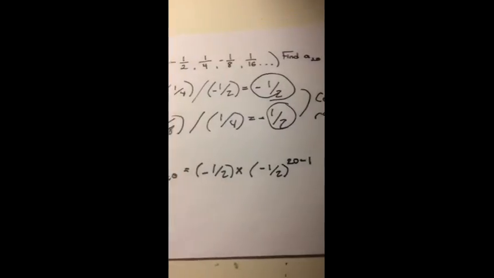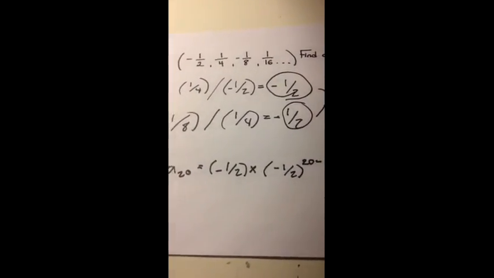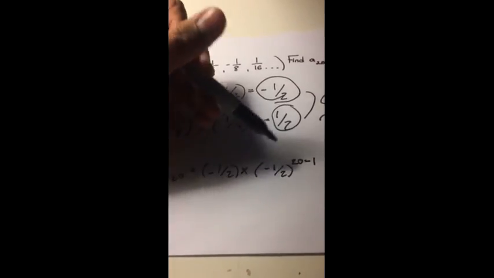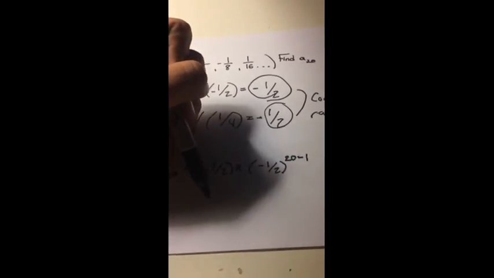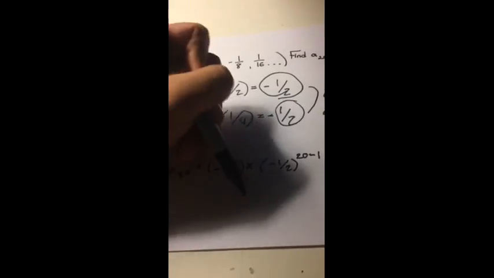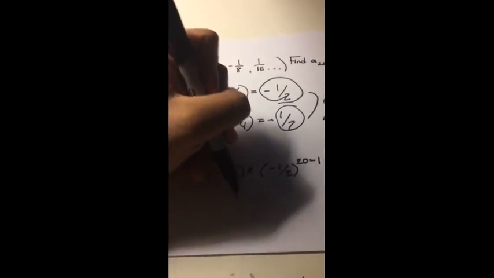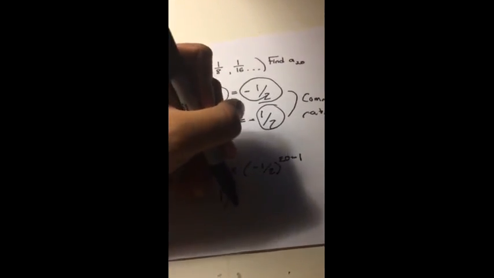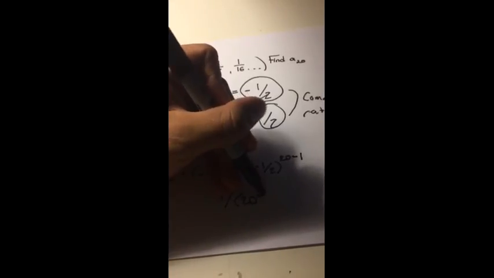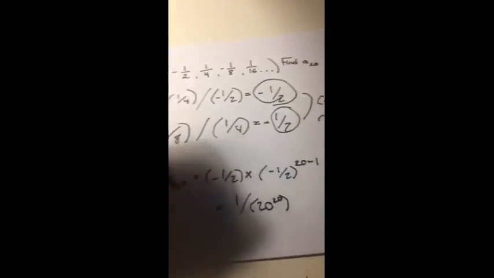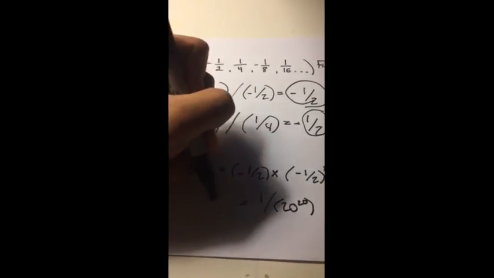Alright, so we plugged everything in. So right now we are going to multiply negative 1/2 times negative 1/2, which will give you 1 over 2 to the 20th power. And that will be your answer.